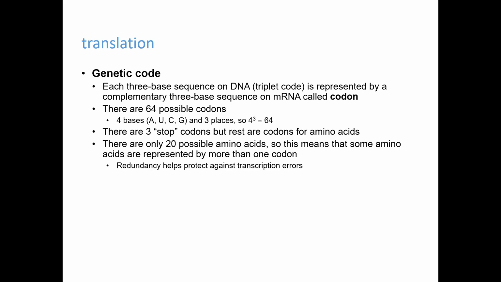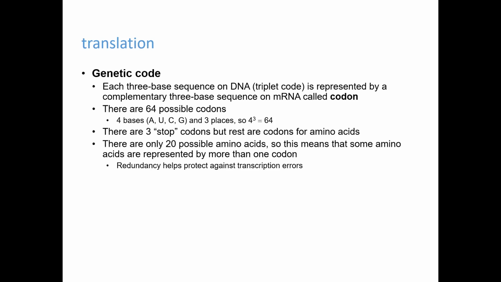That means that we're going to have different codons translating to the same amino acid. You can have multiple codons for the same amino acid. This redundancy allows us to have errors in the order of the sequence and not have it matter.